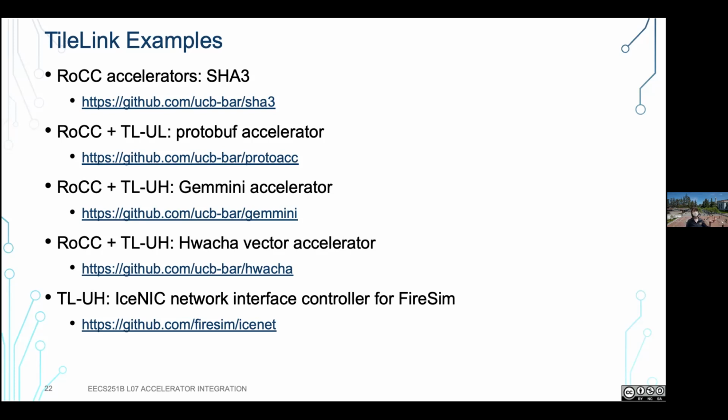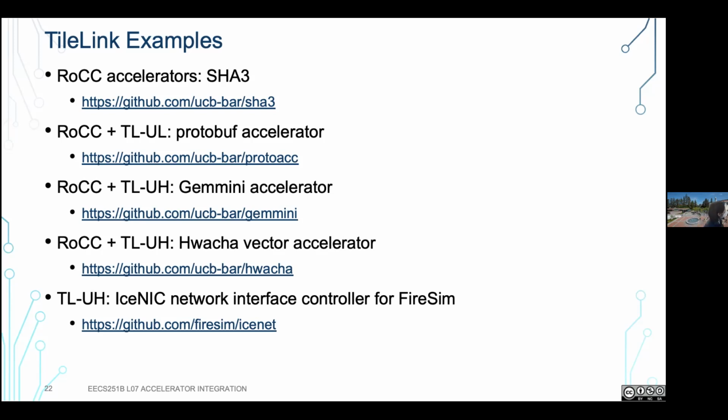I mentioned the SHA-3 example, the accelerator you folks were doing, which is a good way to see the RoCC interface. A lot of accelerators that we're designing here, especially at Berkeley, are a combination of RoCC and TileLink. You'll see the RoCC interface because it's very easy to invoke accelerators. You don't need to write a specific device driver there. You can just treat it as a custom instruction. So we leverage that.